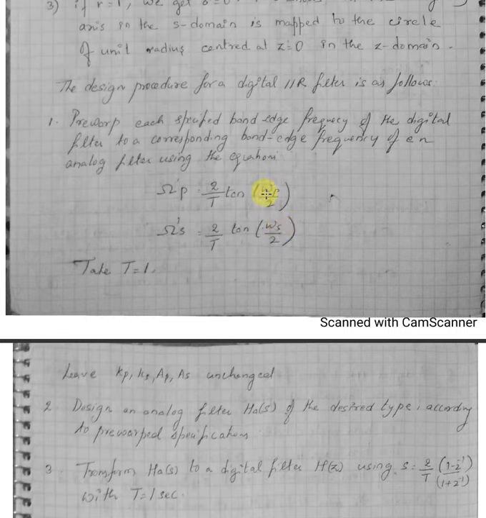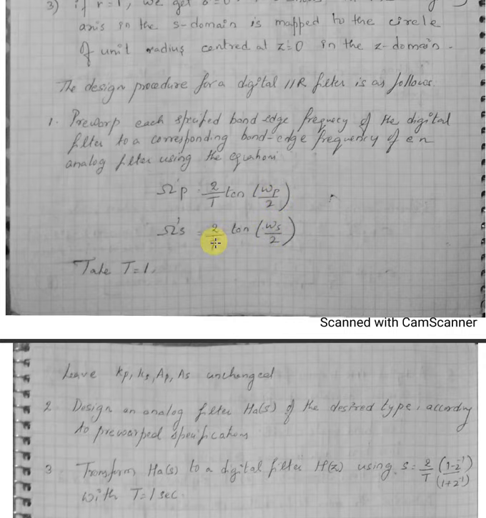Clear? So these are the 4 steps in the flow, represented step by step. The digital specification, omega p, omega s, whatever they have given, you pre-warp, that is, convert into analog frequencies.